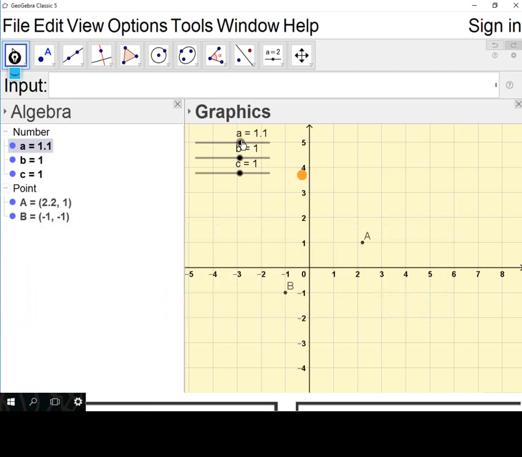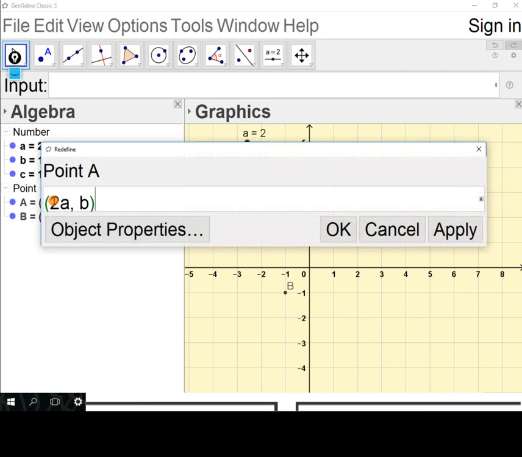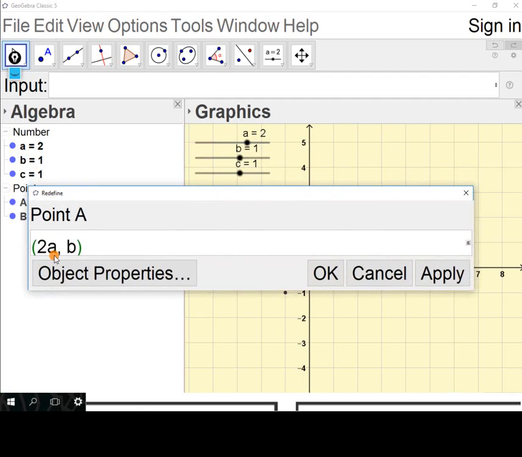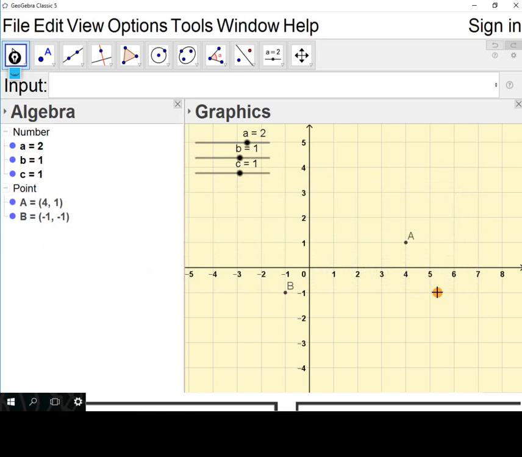Now if I choose this A to become 2, think about what it's doing right here. A is 2, so now it becomes 4 comma B, which was 1, so 4 comma 1, and you see that plots point A, right? Does that make sense to everybody?